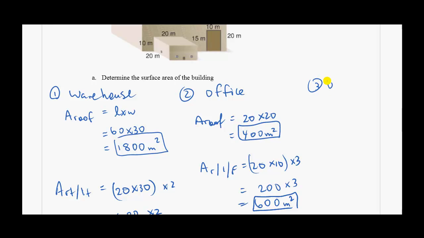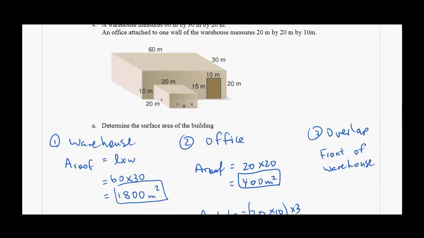There is overlap. It's the front of the warehouse. So we didn't include the back of the office in our office calculations, and that's a good thing. It's not exposed. But the front of the warehouse is being covered.